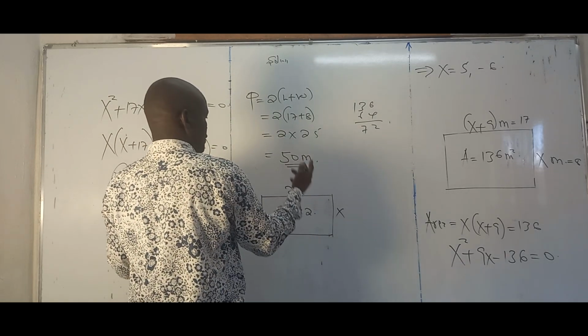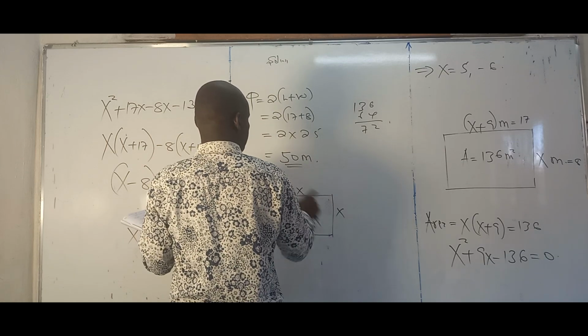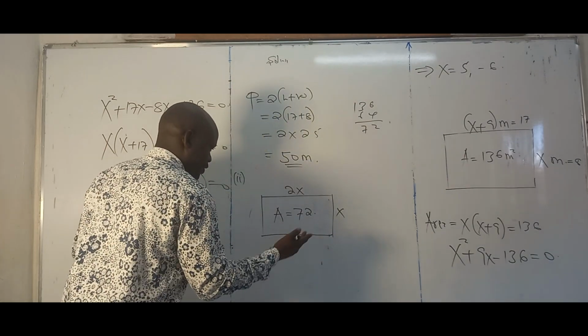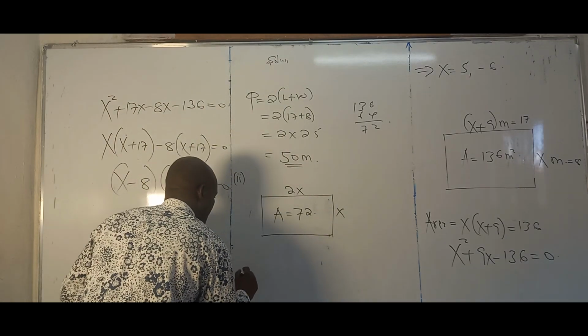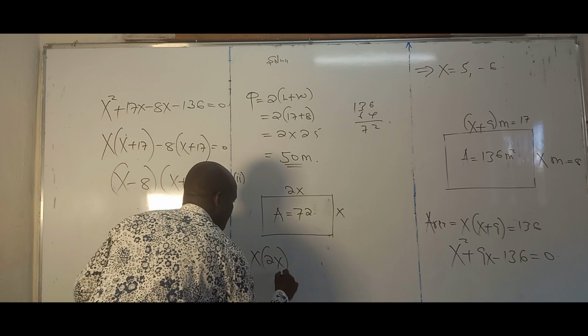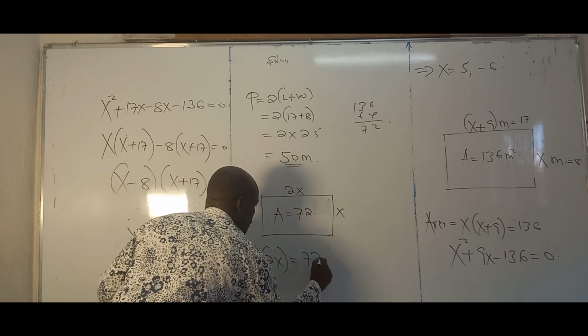If area is 72 and we know this is x and this is 2x, can we find what x is? So x into 2x is equal to 72.